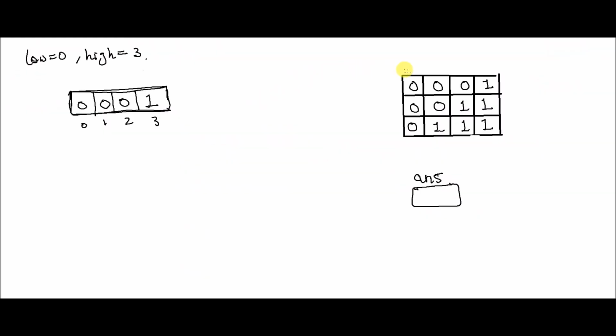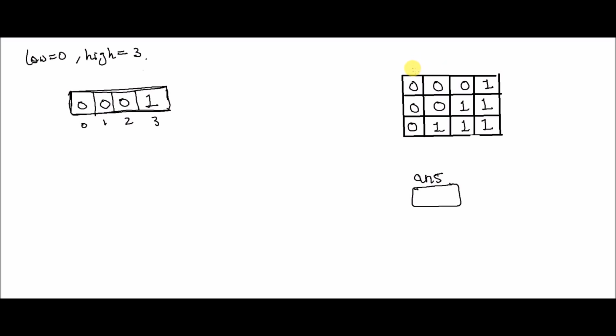Suppose this is the matrix given to us, which we will be accessing with the help of the given functions. How are we going to solve this? The biggest hint given in the problem was that the rows are sorted.